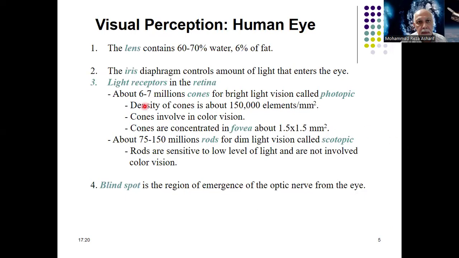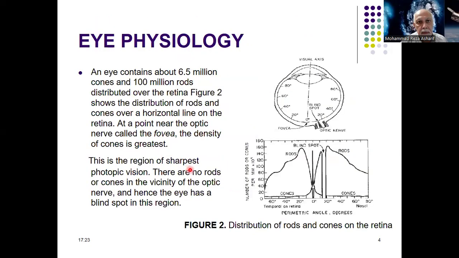And there are about 75 to 150 million rods, compared with 6 to 7 million cones. So the number of rods is very high, for dim lights, very small light vision, called scotopic. Rods are sensitive to low levels of light and are not involved in color vision. So this part of the eye has a higher rod density, here, even here and here.